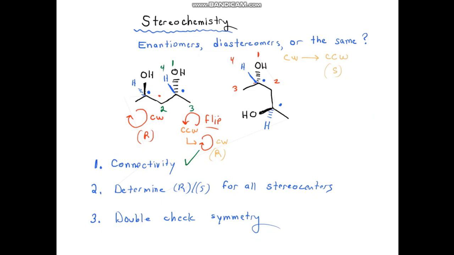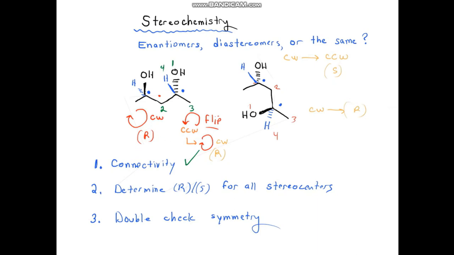And down here, we've got priorities 1, 2, 3, and 4. We go in this direction, clockwise. So this is R. All right, so we've got RR and SR.